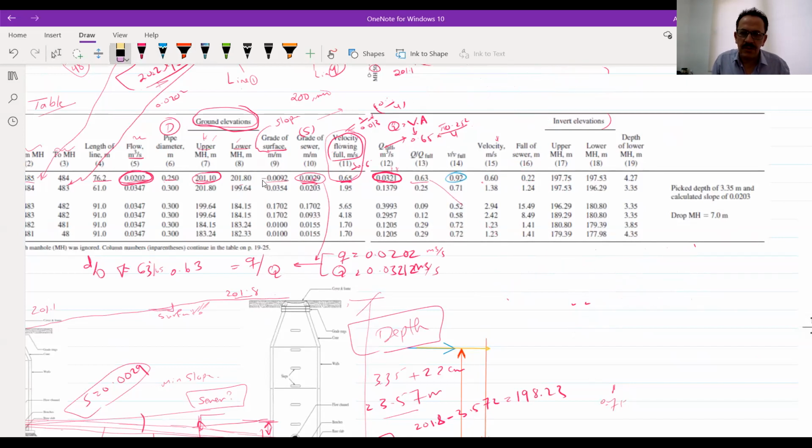This is a very important thing you have to take care about. Where do the invert elevations come from? For manhole number 1, the upper manhole, we have the level of this upper manhole.